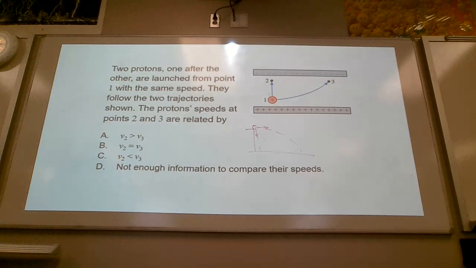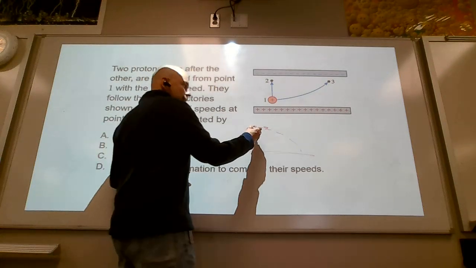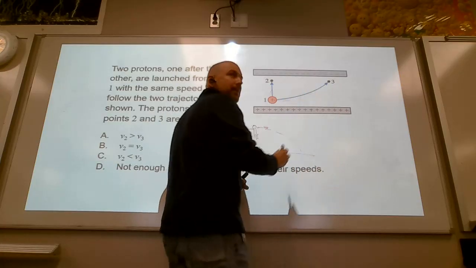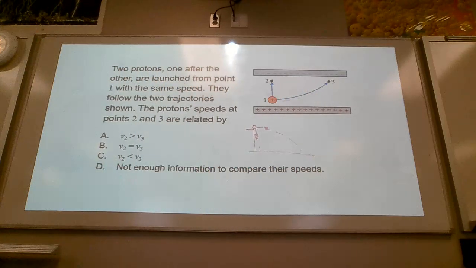They're going to hit with the same speed, not at the same time. Mechanical energy is conserved. Good with that? So their speed in the y direction is different, because we're shooting this in the y and this one is going in the x. Okay, good with that? Okay.